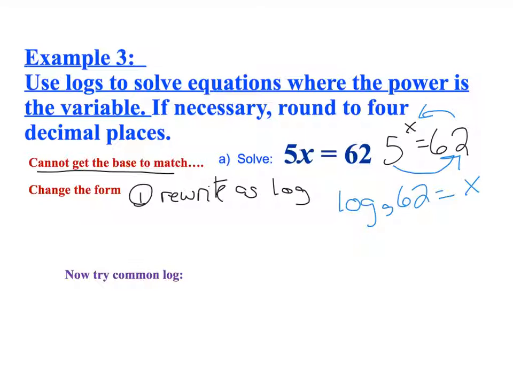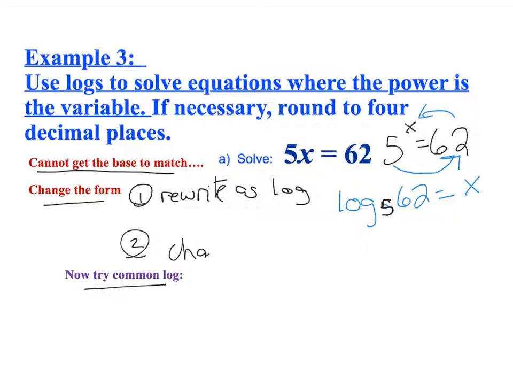So the second step over here says change the form. Oh, we already changed the form. I'm sorry. The next step is we want to make it a common log because I want to be able to put this in my calculator, but right now it's a log base 5, which I can't put in my calculator.